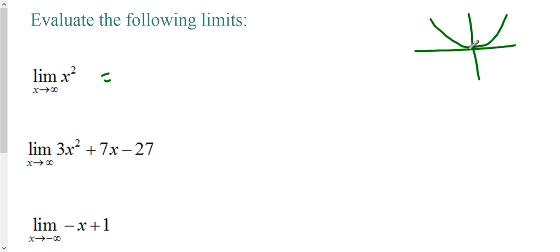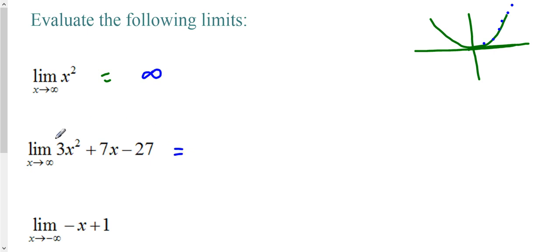So as x goes towards infinity, what is happening to the y values along this curve? They're getting larger and larger, right? So y values are approaching infinity. And without even having to do a graph, I could say that if x is getting larger and larger, the square of x is also going to get larger and larger, and therefore the answer is infinity.